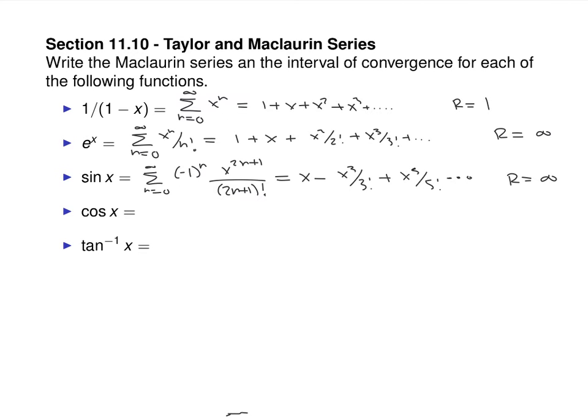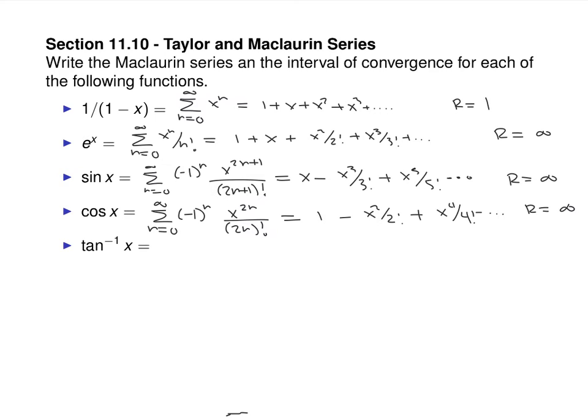Cosine is the derivative of sine. Sum from n equals 0 to infinity, negative 1 to the n x to the 2n over 2n factorial. Or 1 minus x squared over 2 factorial plus x to the 4th over 4 factorial, etc.